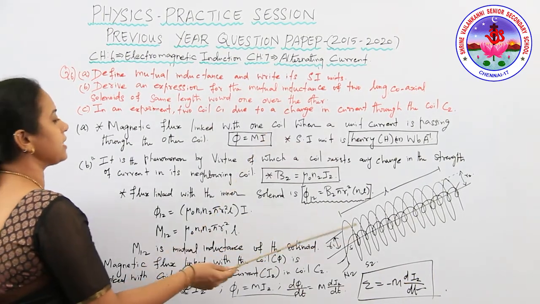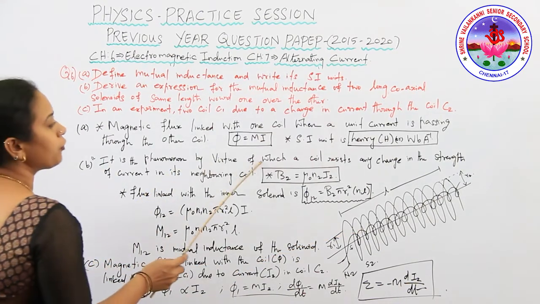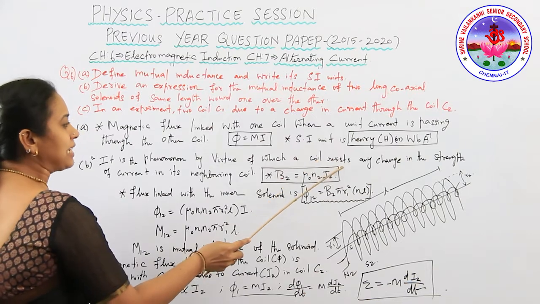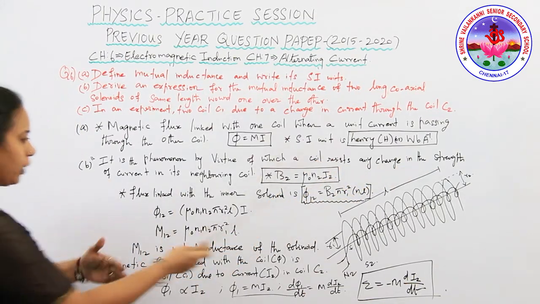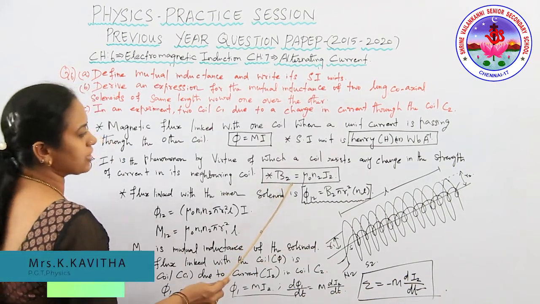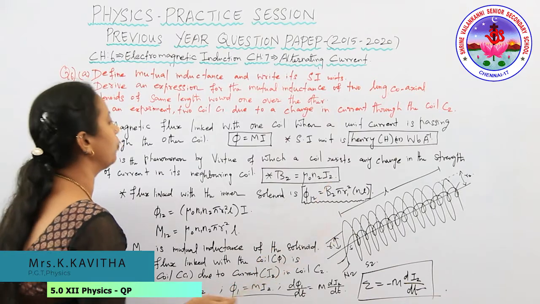The definition says the same. So as per the phenomenon by virtue of which a coil resists any change in the strength of the current in its neighboring coil, B2 equals mu naught N2 I2, right?